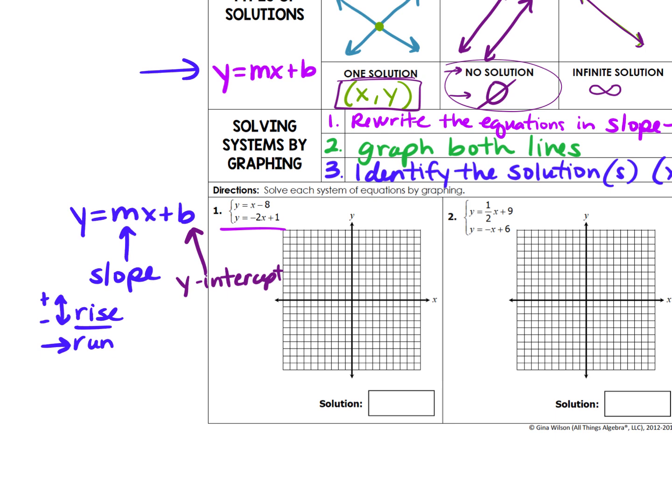It's on the what? The y what? Axis. It's the point on your y-axis. It's where it hits your y-axis. The y-axis is which axis? This one or this one? It's the vertical, okay? So this is your y-axis. You can see it in the graph there. So we're looking for where does it hit that? Where does it hit the y?